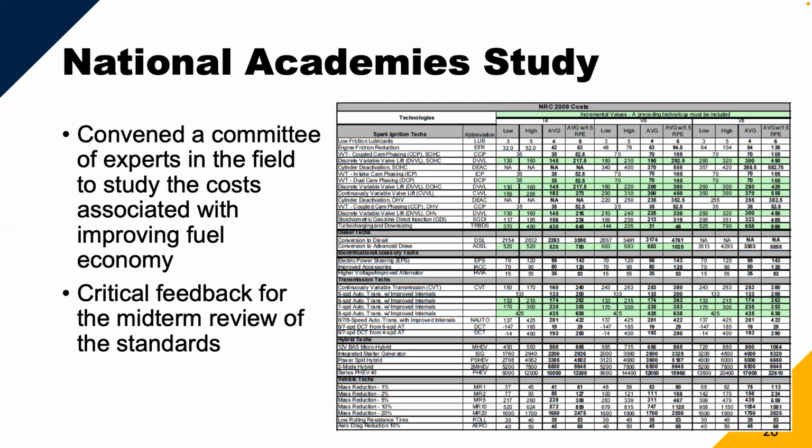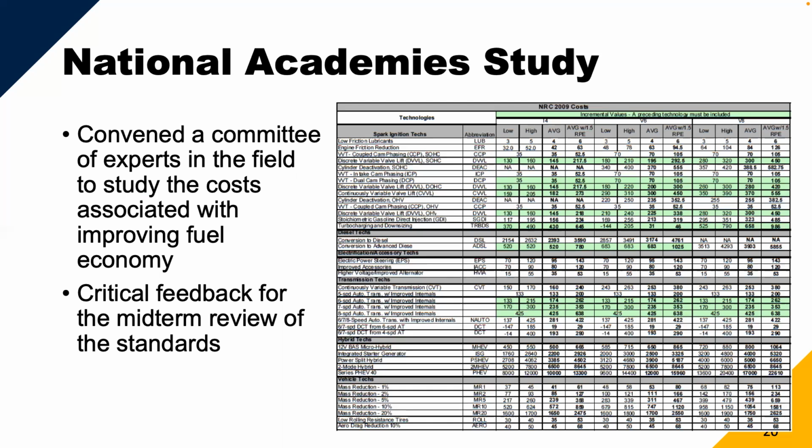There are a whole bunch of technologies that can help improve efficiency, anywhere from low friction lubricants to help the rolling resistance of the vehicle, all the way to downsizing of the vehicle. Yeah, and mass reduction, right? So there's a whole set of technologies that do this.